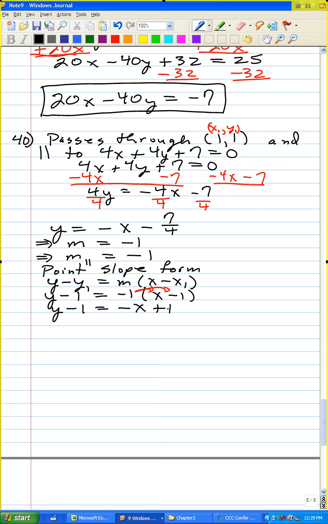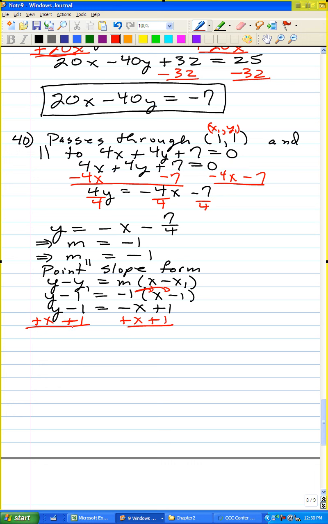Again, I would be done if they would allow me to write the equation of a line just in point slope form, but they want me to write it in standard form. And so let me add x to both sides of my equation. Let me add 1 to both sides of my equation.